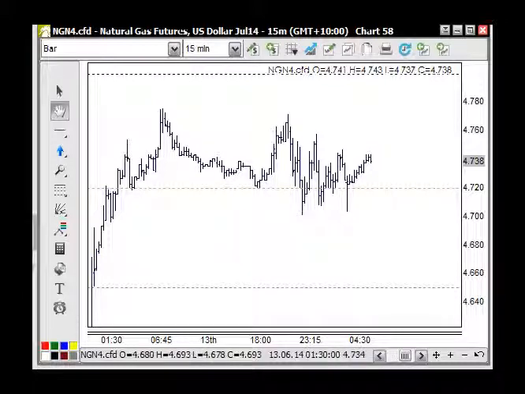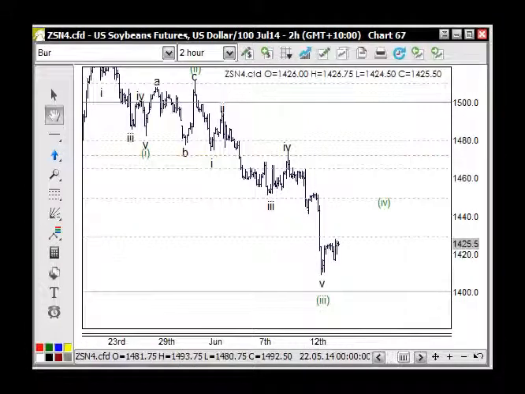The grains, soybeans, wheat, corn, coffee, sugar, and the orange juice, not a grain, but we know that with most of the grains we're looking for lows.